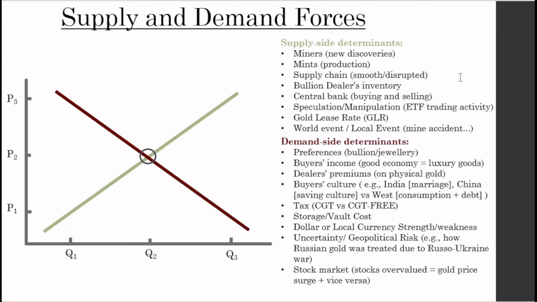But not only that, it's going to be also more expensive for gold dealers to deliver the gold to buyers. So obviously that has an impact on premiums as well. So if the cost of the logistics increases, then premiums for gold coins and bars will also increase.